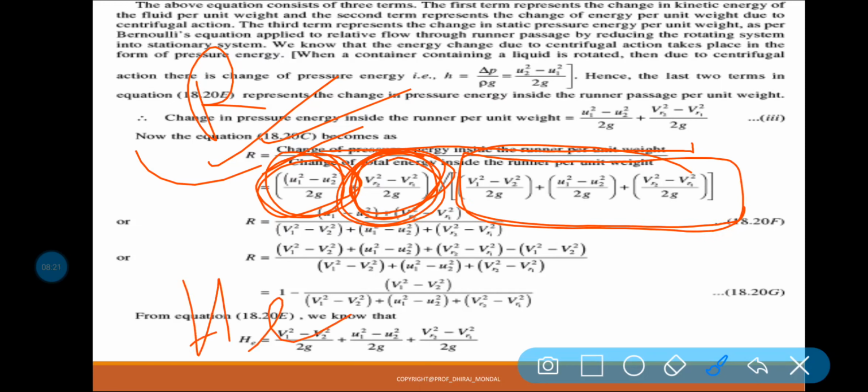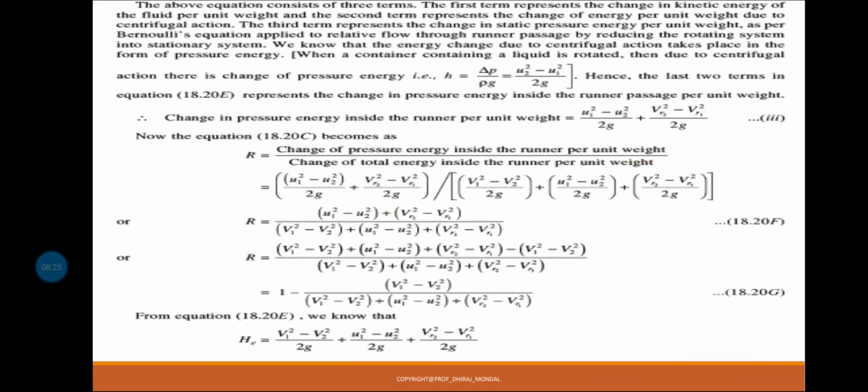So remember, this is your HE, and this is your change of pressure energy inside the runner. Clear? Now if I simplify this, you will get this equation. This is your equation, degree of reaction, and as we know that HE is equal to this figure.